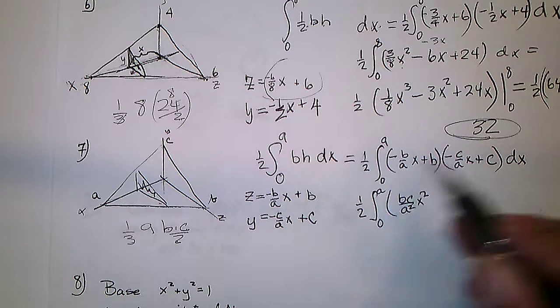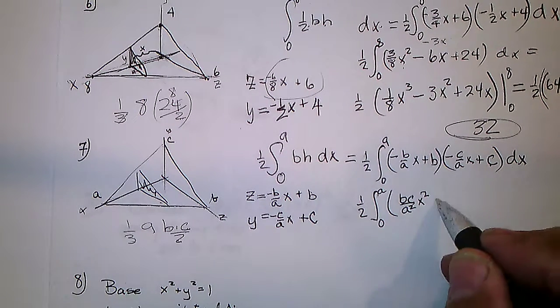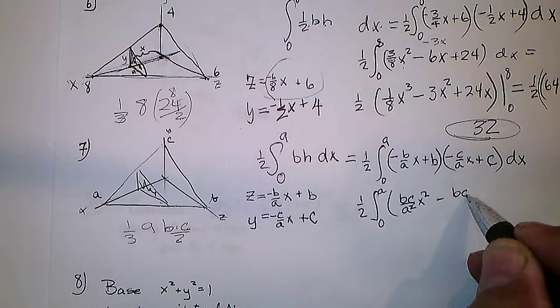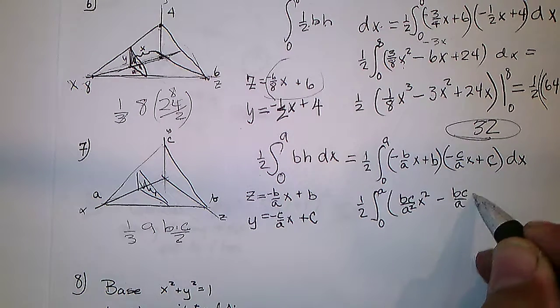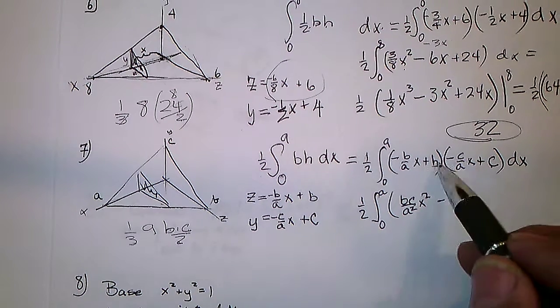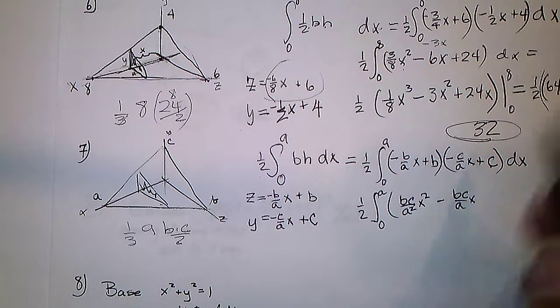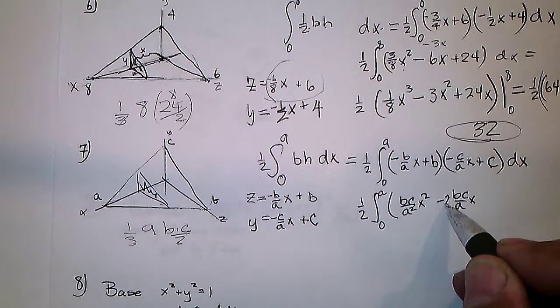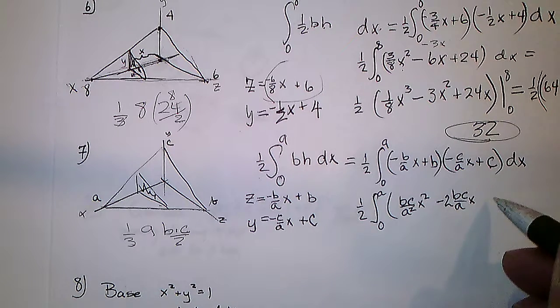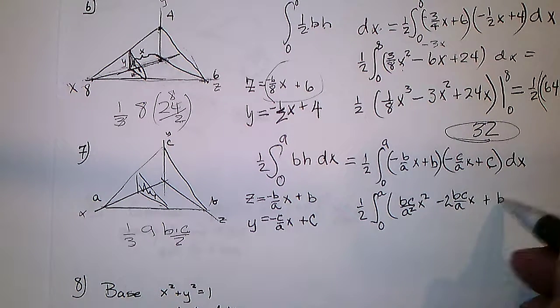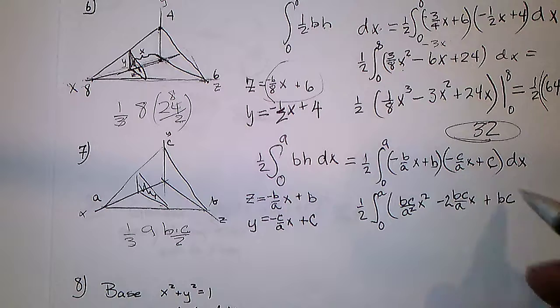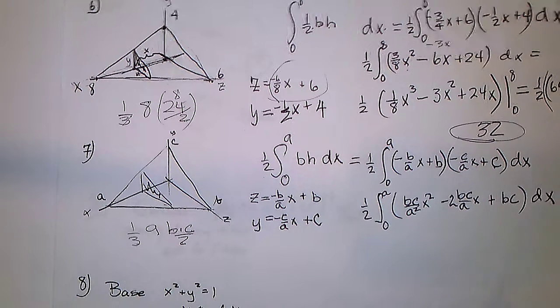Then this times that is minus bc over a x. This times this is minus bc over a x, so that's 2 of these, plus bc dx.